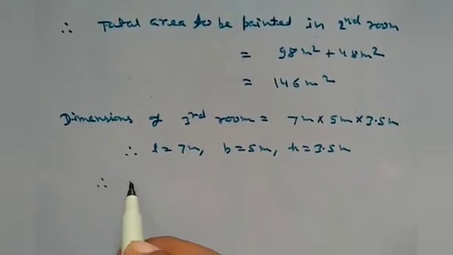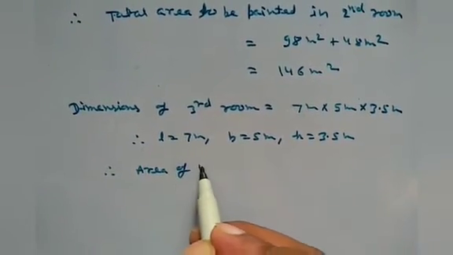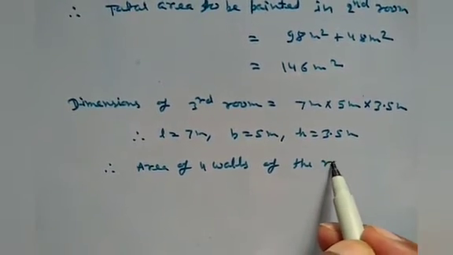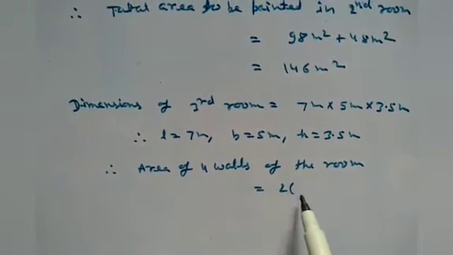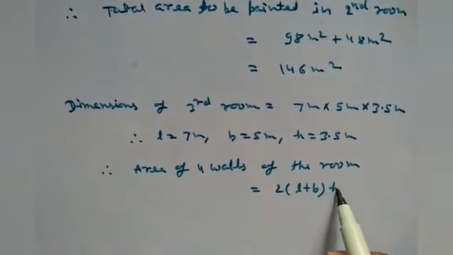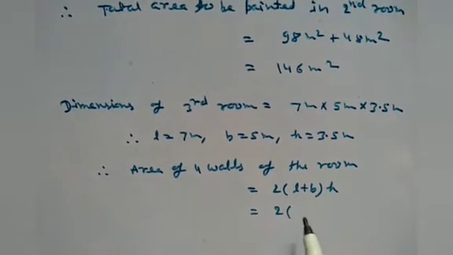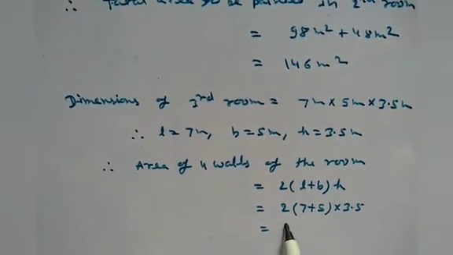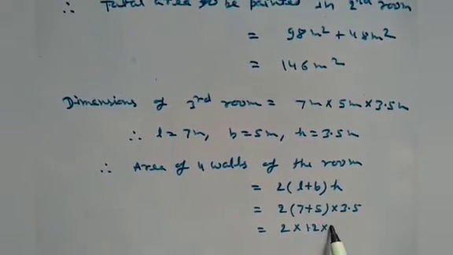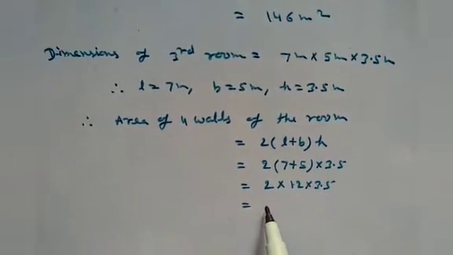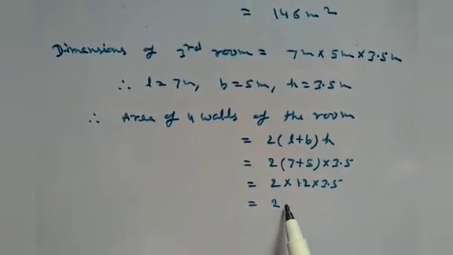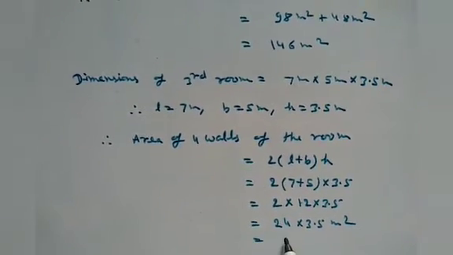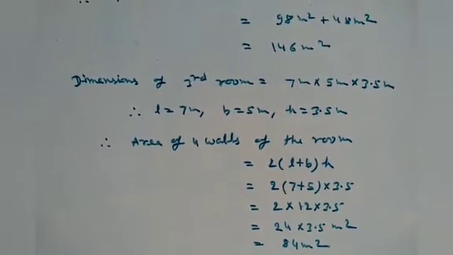So area of 4 walls of the room equal to 2 into (L plus B) into H, equal to 2 into (7 plus 5) into 3.5, equal to 2 into 12 into 3.5, equal to 24 into 3.5 meter square, equal to 84 meter square.